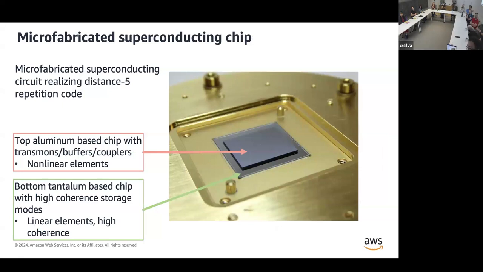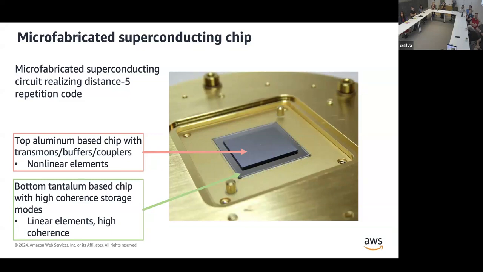Okay, so just a little bit more about how we did this. This is a microfabricated superconducting chip. And actually it's flip chips. So we have 2 chips, and we glue them. Then, we had a top chip, which was made of aluminum. This is where we had our qubits, the transmons, this buffer that I mentioned, and some other couplers that we need to control the gates, all the nonlinear elements basically.